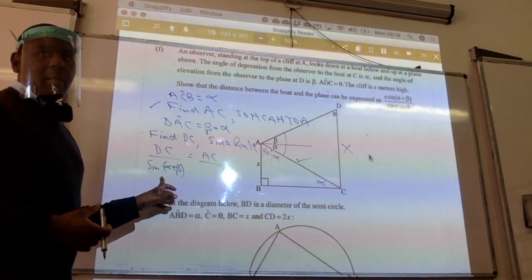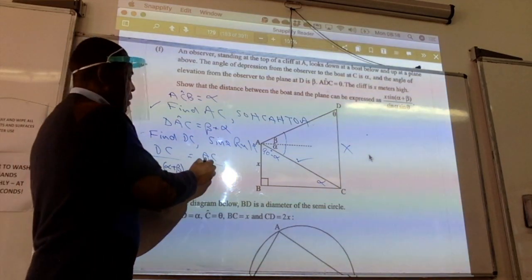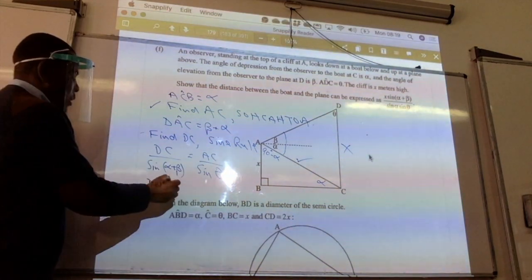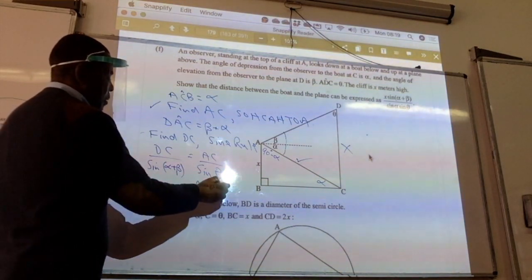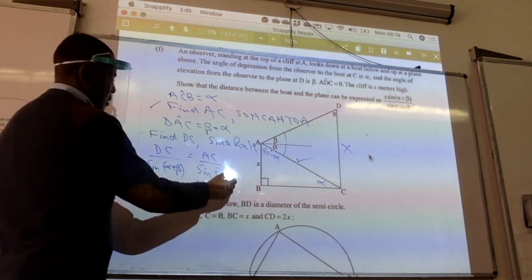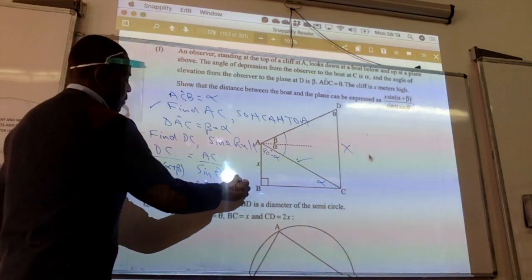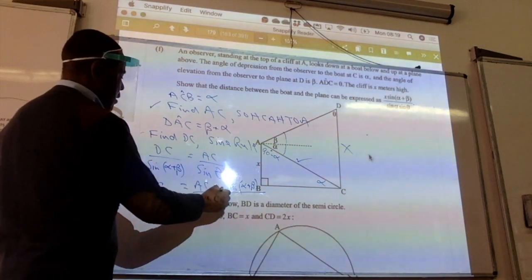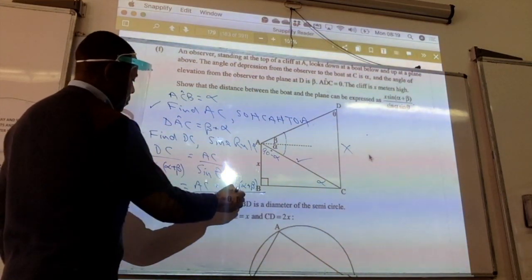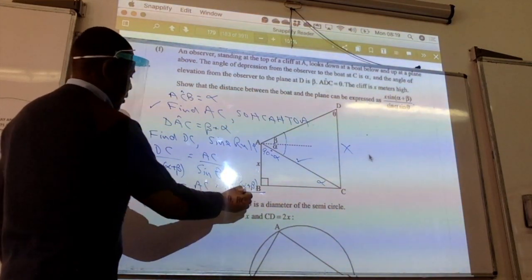So DC should be equal to AC multiplied by sine of alpha plus beta, all that divided by sine of theta. Teacher, is it sine of theta? Yes.